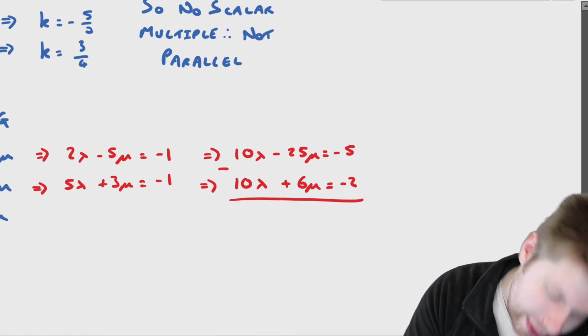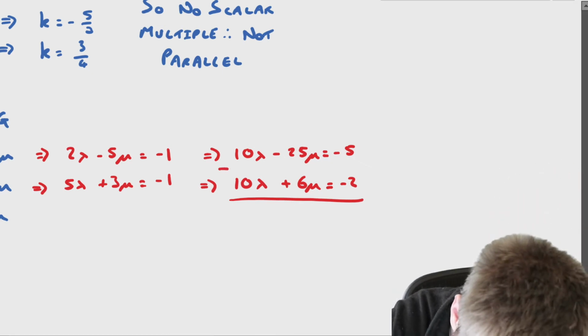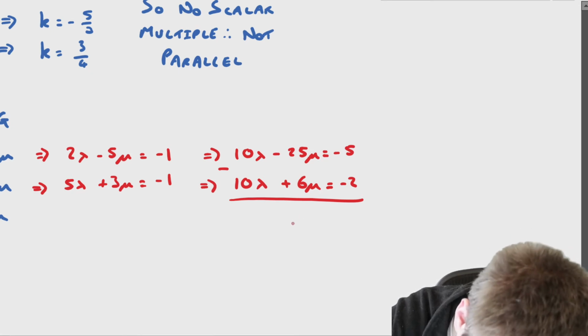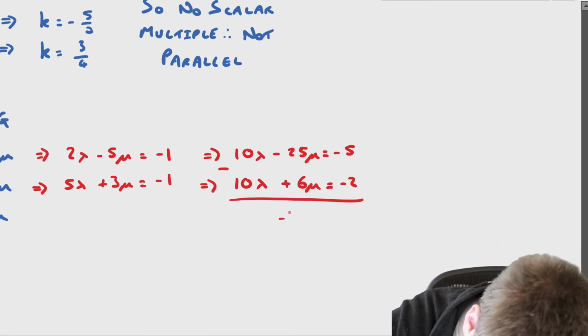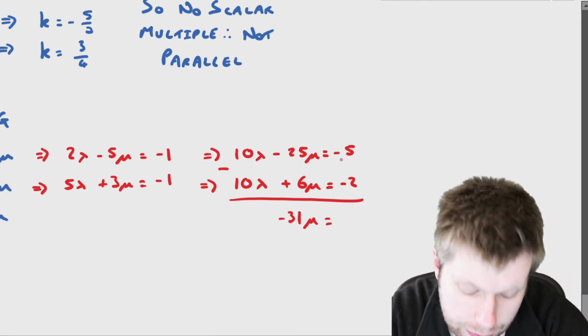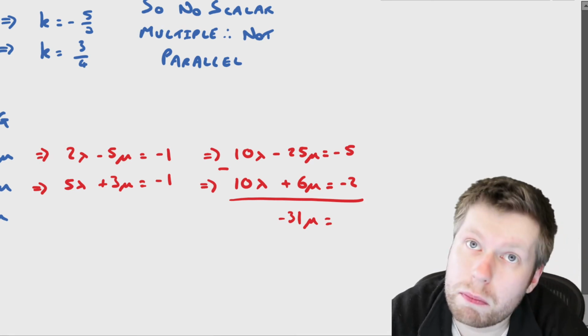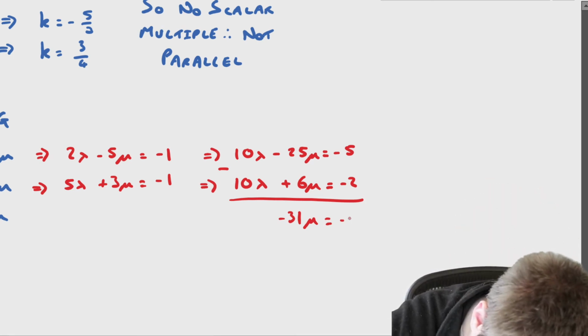If I want to get rid of the 10 lambdas, I can just subtract them from each other. So -25 minus 6 mu gives me -31 mu, is equal to, let's be careful, -5 take away -2, which is the same as -5 plus 2, that's -3.